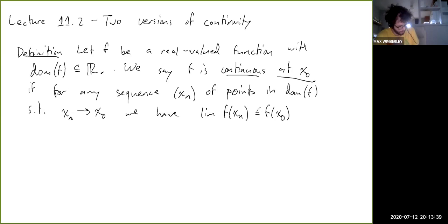Okay? So that's the definition of continuity at the point x naught, right?